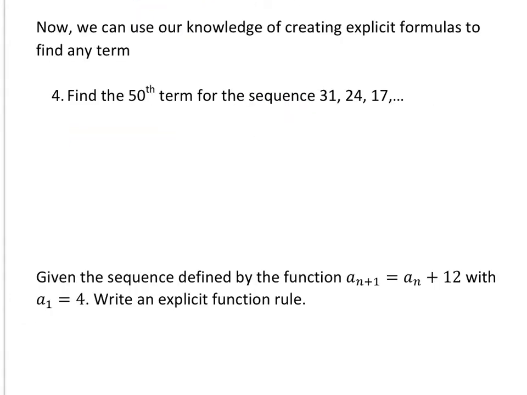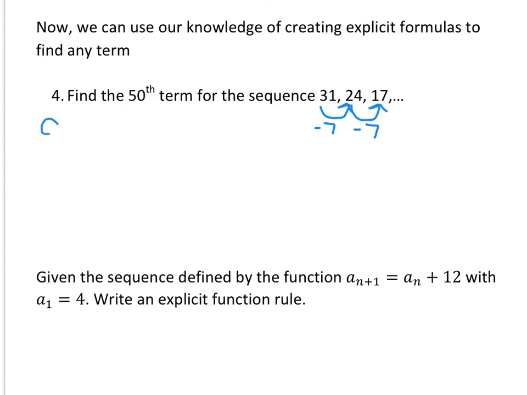Now we can use this knowledge of creating explicit formulas to find any term in the sequence. So number 4 says find the 50th term for the sequence 31, 24, and 17. Let's first make sure it's an arithmetic sequence. To go from 31 to 24, what can we do? We can subtract 7. From 24 to 17, we can subtract 7.